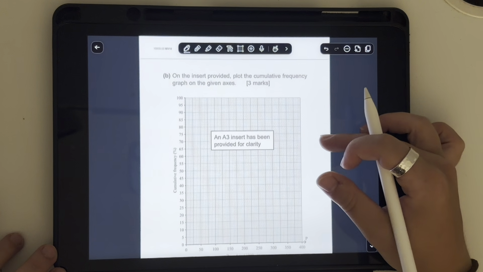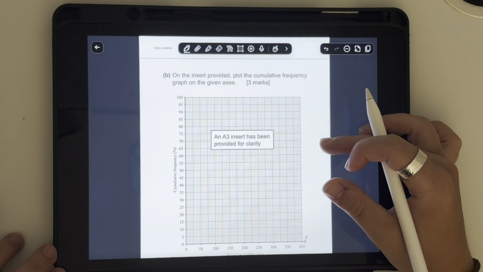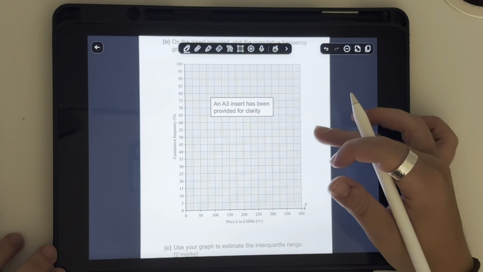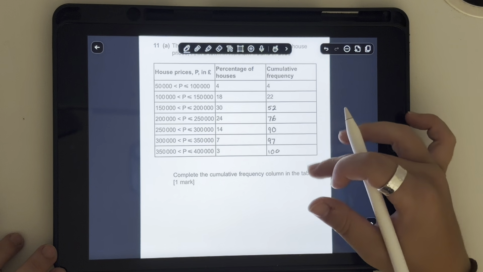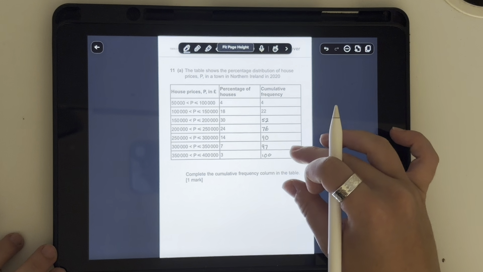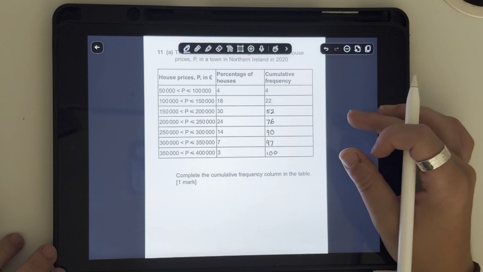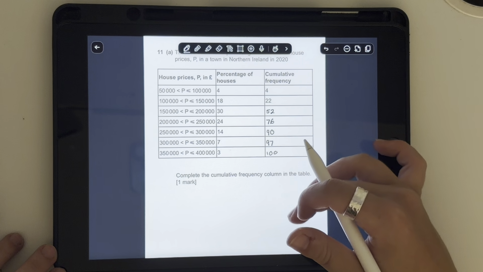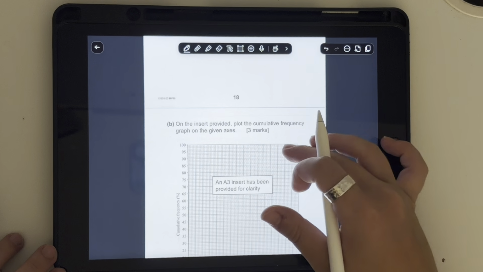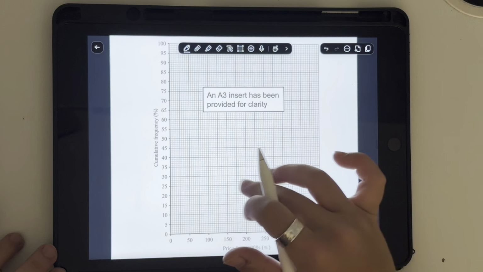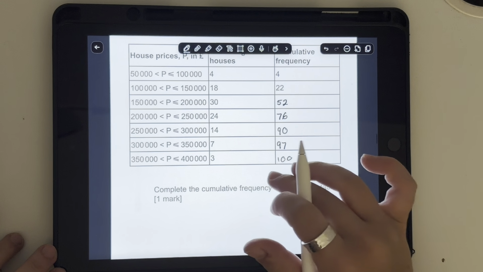On the insert provided, plot the cumulative frequency graph on the given axes. Okay, it's at the end. Oh, I really can't be bothered to do that, I'm not going to lie. I just don't want to have to scroll back and forth. I might see if I can do it on this. Okay, price in thousands, cumulative frequency.